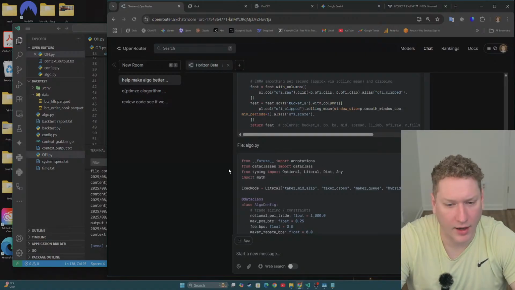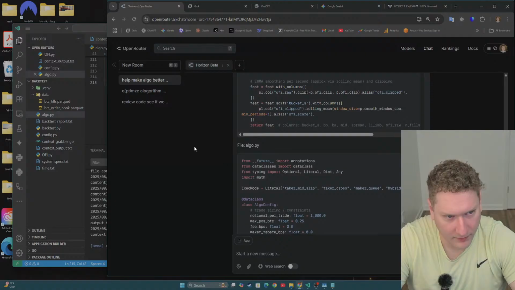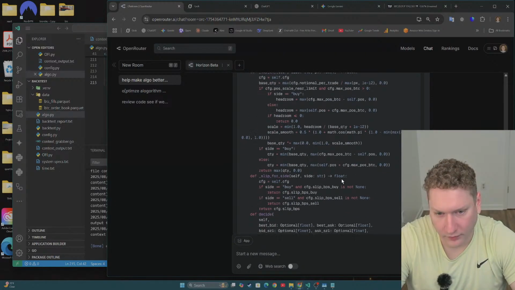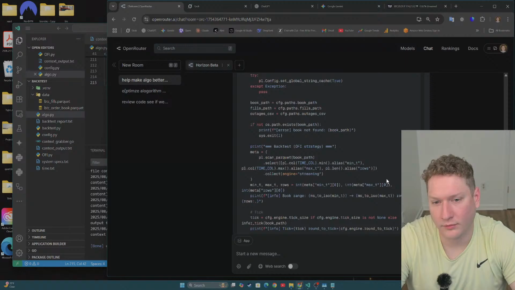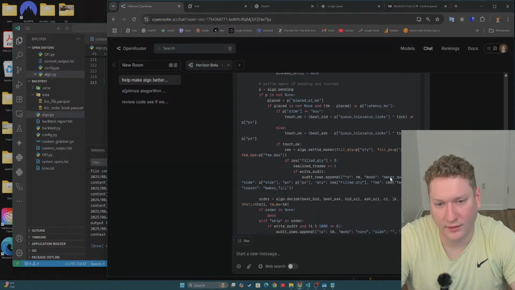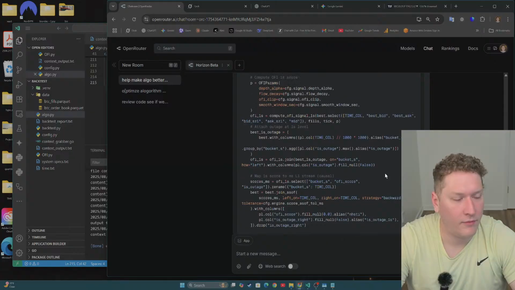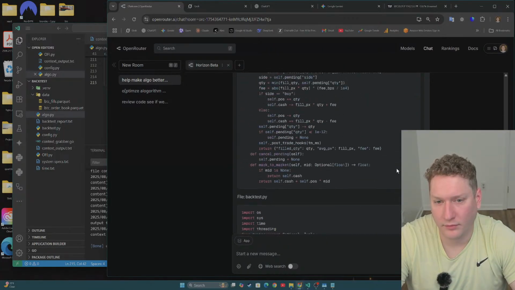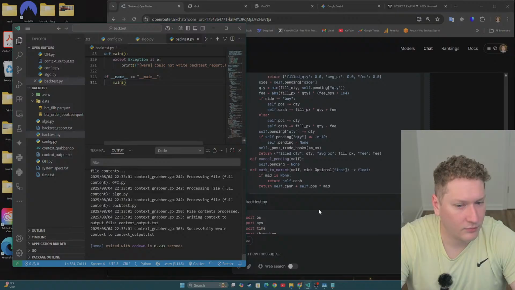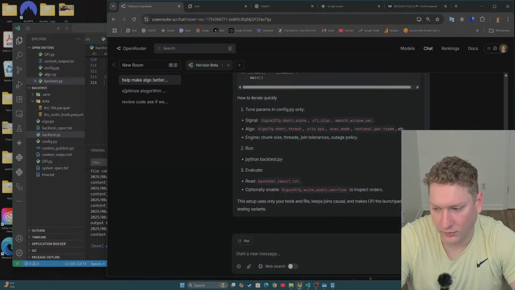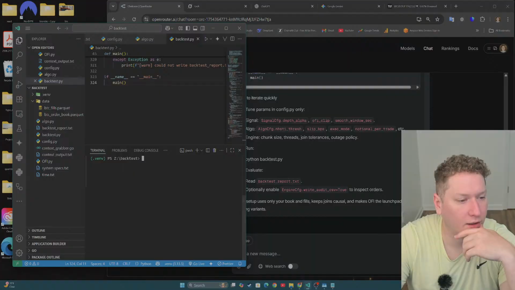We have the Algo, which I'm not too sure where that's going to fit in here. And we have the backtest. All right, let's just see.